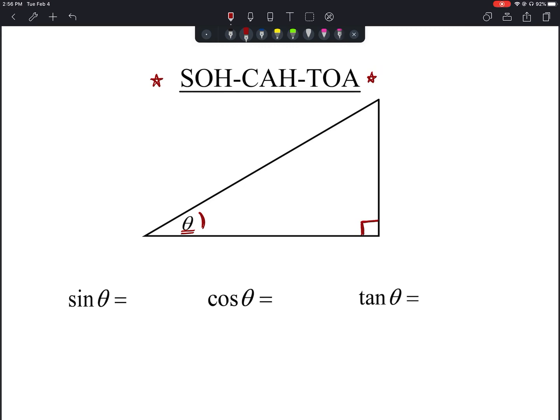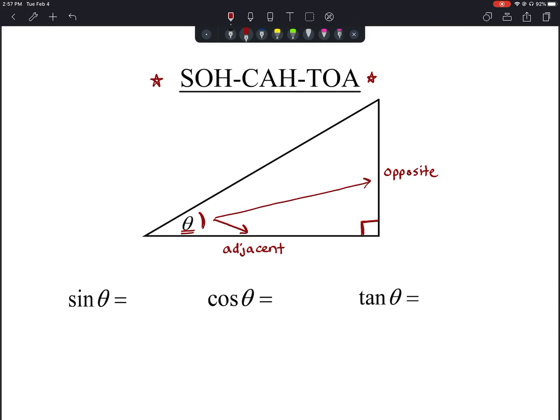So if we think about the side that is across from it here, we would consider that to be our opposite side. This side of the triangle does not form any part of that angle. The side directly next to it here, that helps form the right angle down here, we call the adjacent side or the adjacent leg.